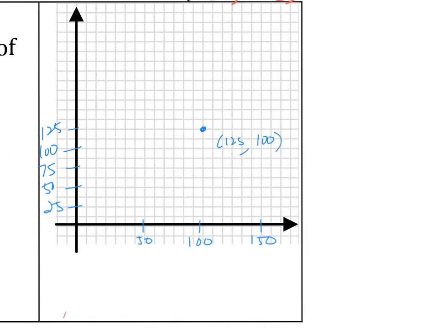Okay, so the plot for y equals x minus 25, it's about here. Y-intercept at negative 25.